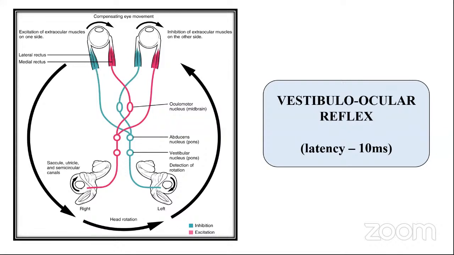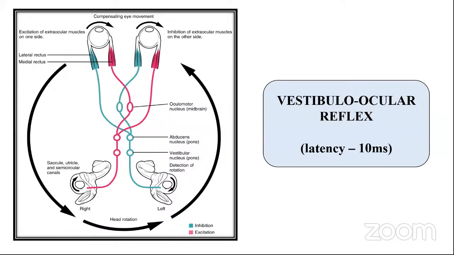So you can see the right and left vestibular apparatus, the saccule, utricle and semicircular canals. The direction of movement is indicated by the black arrow.